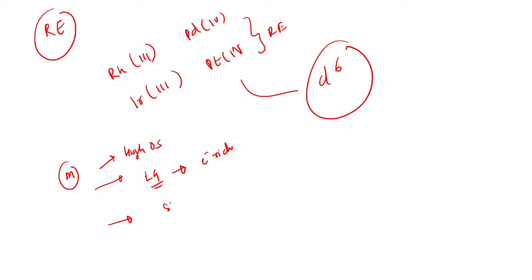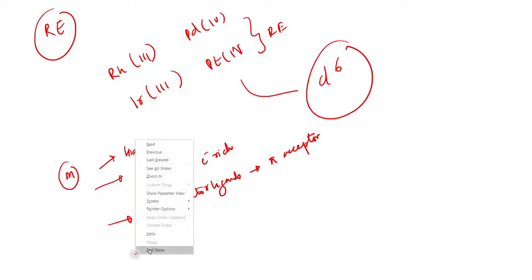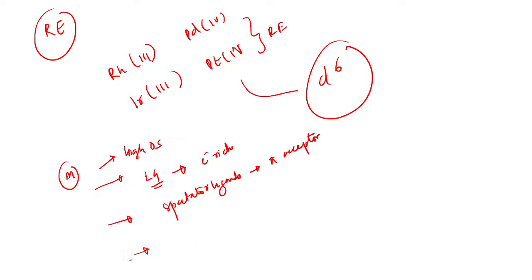Okay, and the spectator ligands definitely should be pi acceptor ligands. Okay, because we are increasing electron density on metal, so we should have some ligands that should accept the pi electron density back. Okay, so spectator ligands should be pi acceptor ligands, and there should be steric hindrance in the molecule.